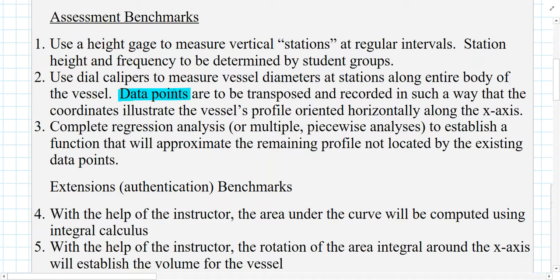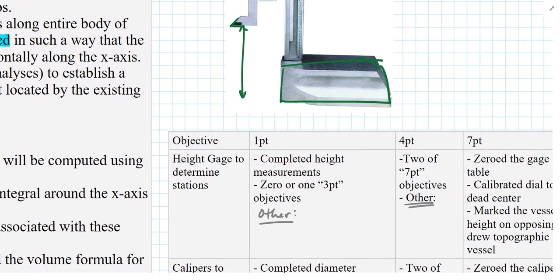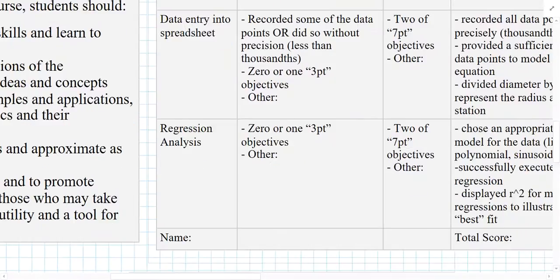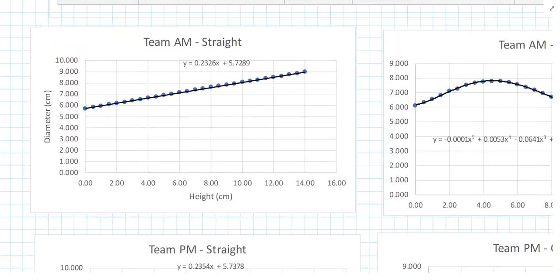The data points collected by the height and diameter were transposed and recorded into a spreadsheet so that the data points would reflect or illustrate the vessels laying on their side, and the profile would be presented in that way.